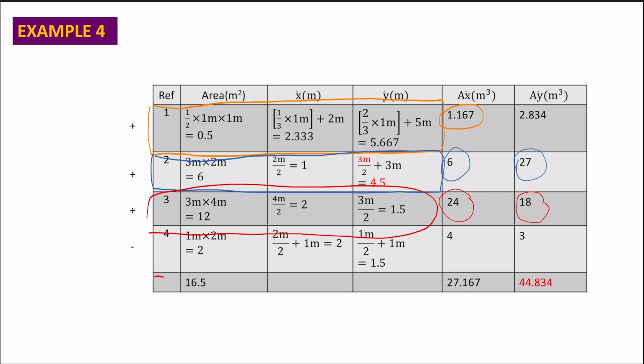You can calculate and get the same value as what I did here. Repeat the process for AX bar and AY bar like the previous section.